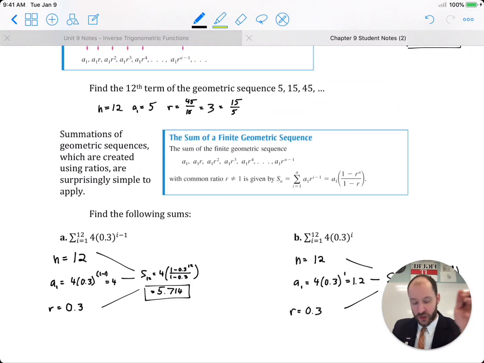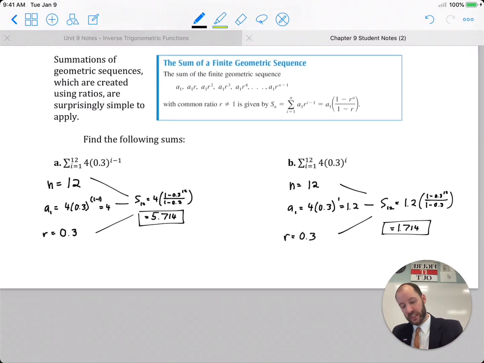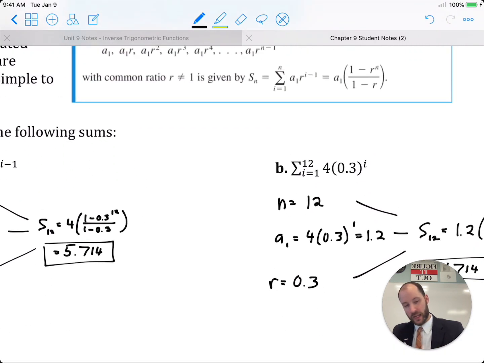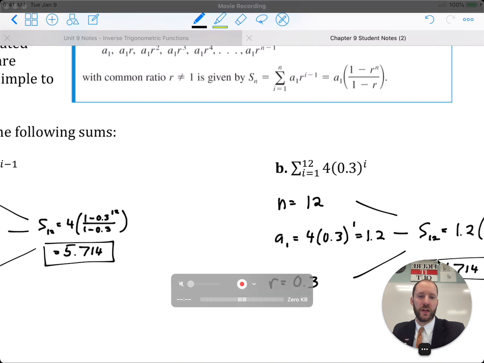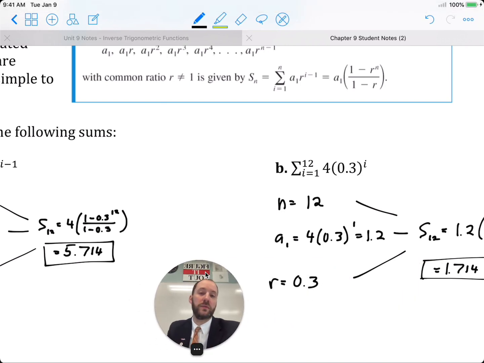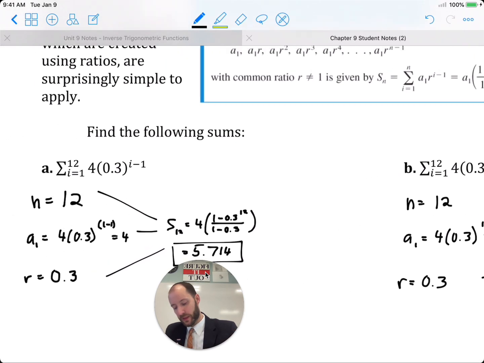And with the first term being changed, we see the summation has changed, a difference of about 4. Hey, our first term in the previous example was 4.